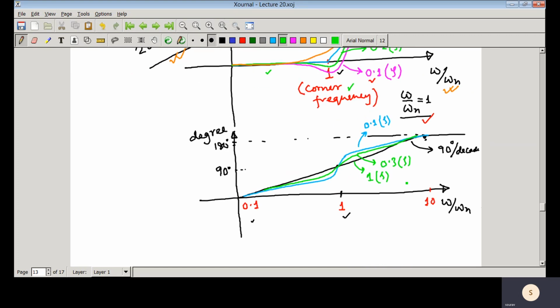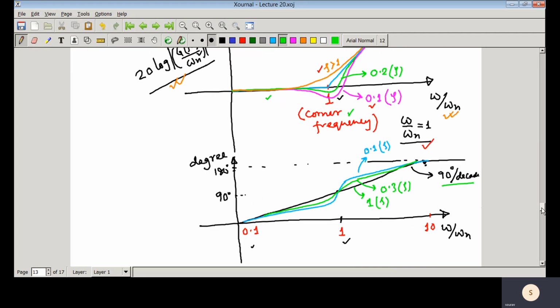And here, for the phase, the slope is 90 degrees per decade. In case of only S or S plus A, we have seen that the slope is 45 degrees per decade, and here it is 90 degrees per decade, and we can see that phase and gain both depend on the zeta value.